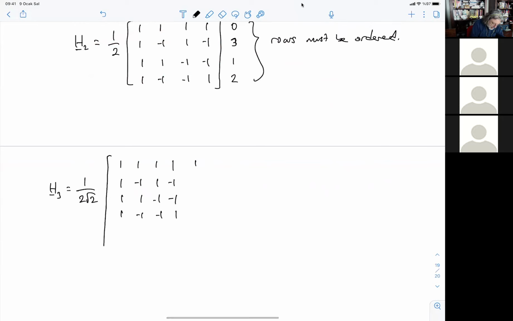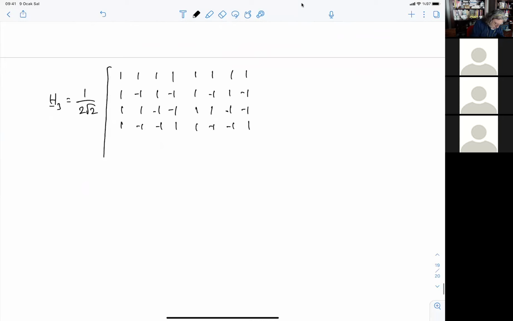And then I will repeat it. Sorry. 1, minus 1, 1, minus 1, 1, 1, minus 1, minus 1, 1, minus 1, minus 1, 1. This corner will be the same. 1, 1, 1, 1, 1, minus 1, 1, minus 1, 1, 1, minus 1, minus 1.